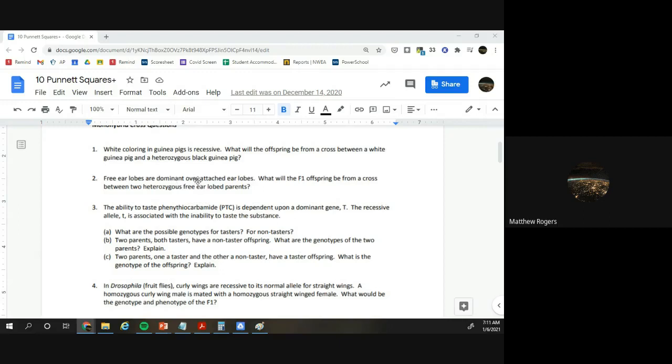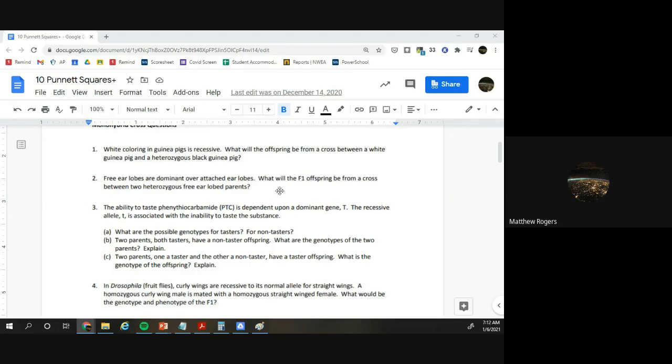Free earlobes are dominant over attached earlobes. What will the F1 offspring be from a cross between heterozygous free earlobe parents? So we have two heterozygous free earlobes, so it's big A, little a crossed with big A, little a. We should get one big A big A, two big A little a's, and one little a little a.